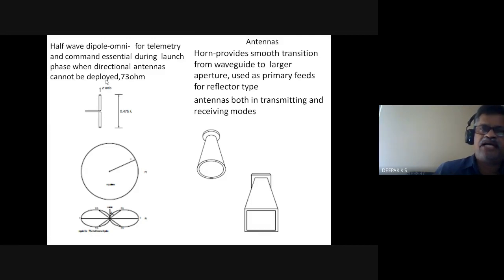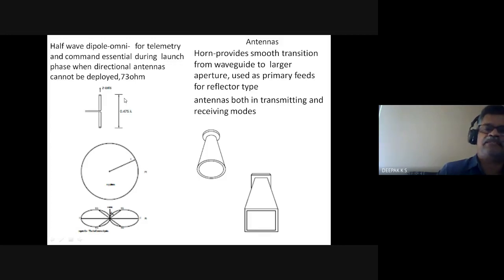So basically the antenna is maybe folded, and this directional antenna is deployed later on after putting it into orbit. So here we use a dipole antenna during the launch phase. These are the two views of the directional pattern, the top view and this side view.